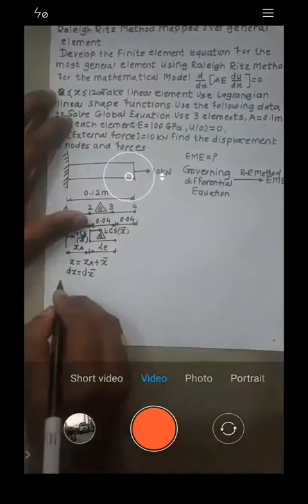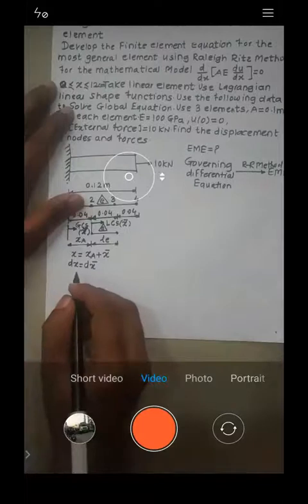See, this equation is in the form of dx, so I will write that equation in terms of dx bar.